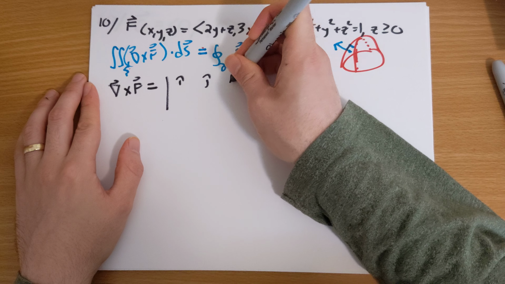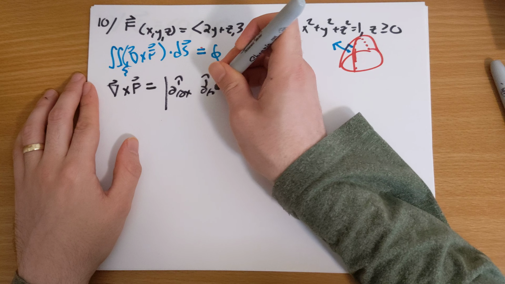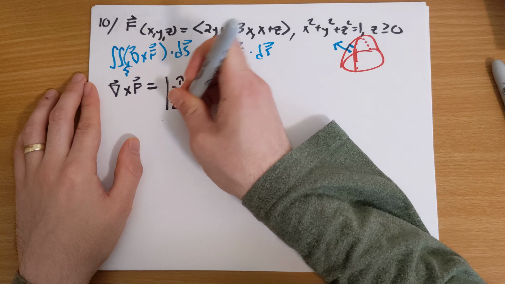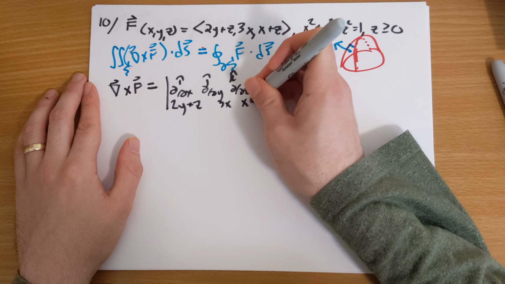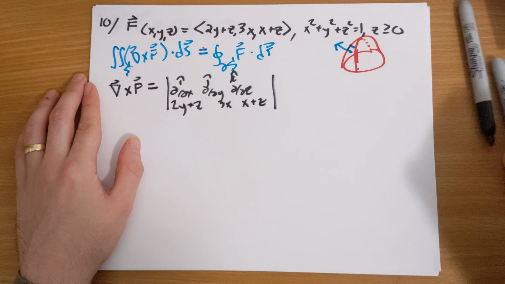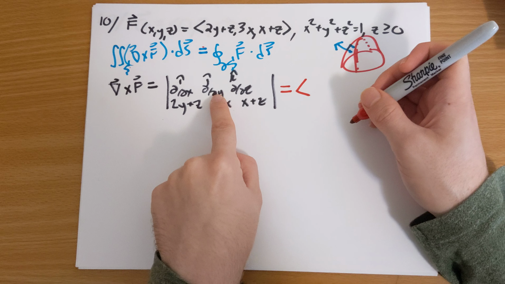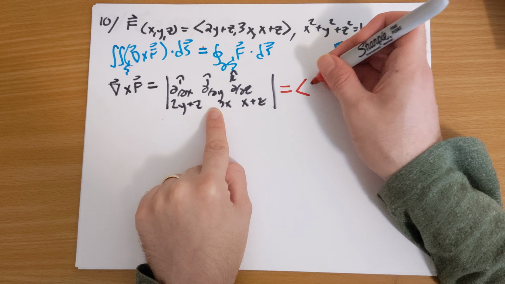i hat, j hat, k hat, partial derivatives with respect to x, y, and z, and 2y plus z, 3x, and x plus z. Okay, so what do we end up with? The partial derivative with respect to y of this is 0 minus the partial derivative with respect to z of this is 0.